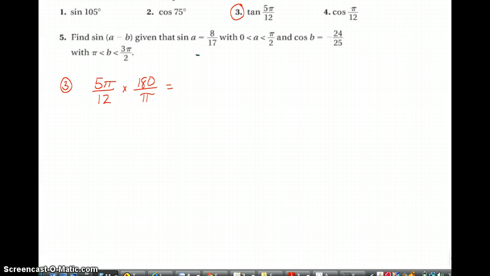We will multiply 5 pi over 12 by 180 over pi. Pi will cancel. We'll get 900 in the numerator divided by 12. 75 degrees. Now what we want to do, again, like we did in the last problem, is turn to the unit circle and try to find two standard angles whose sum or difference is 75 degrees.